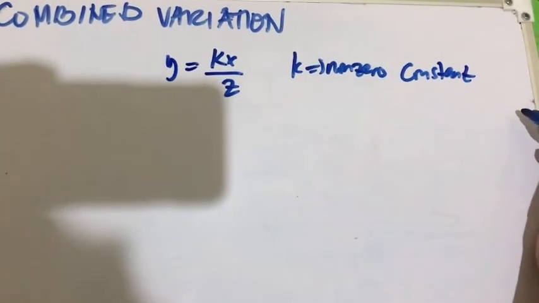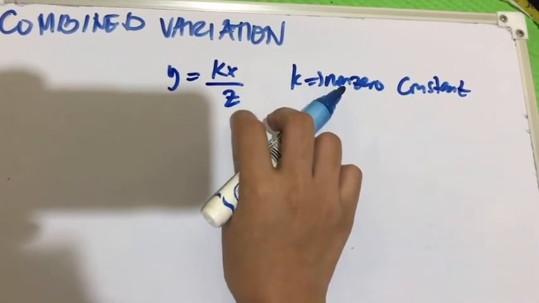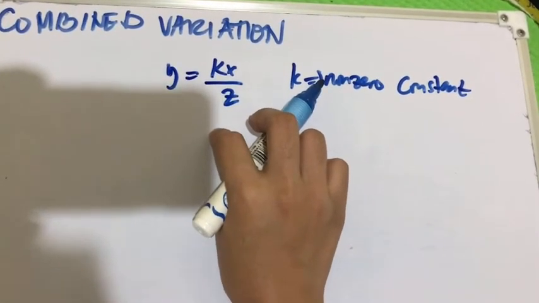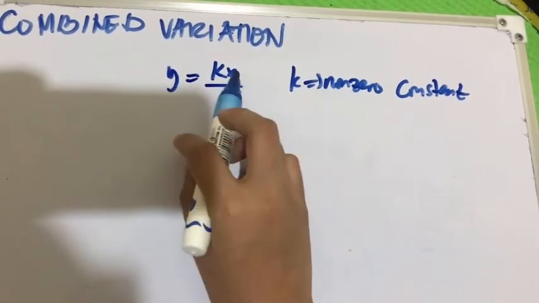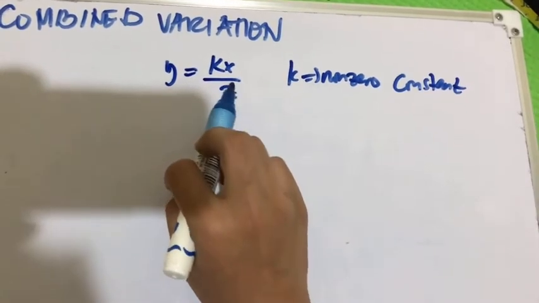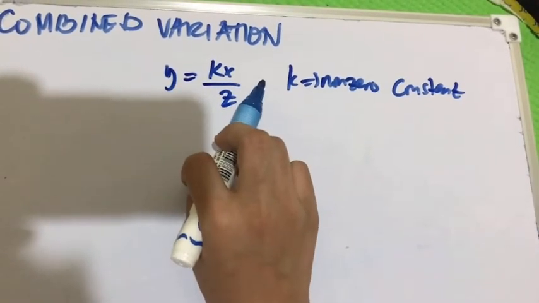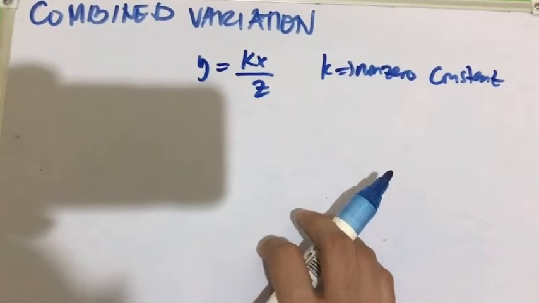We read this equation as y varies directly as x and inversely as z. Again, k is called the constant of variation or the constant of proportionality.